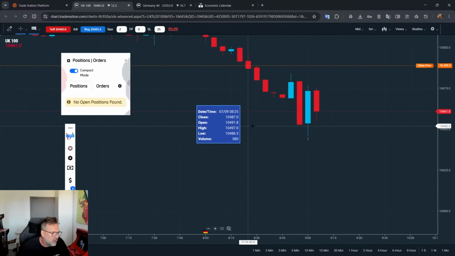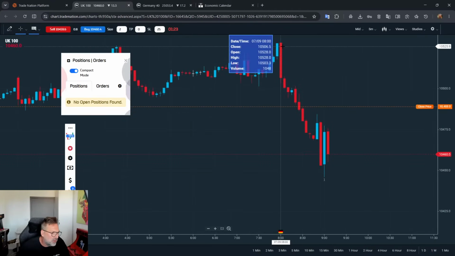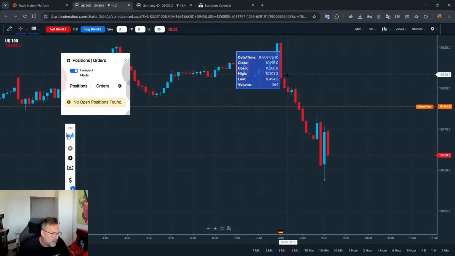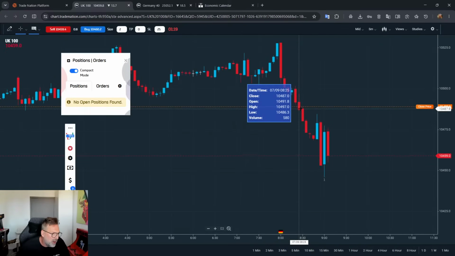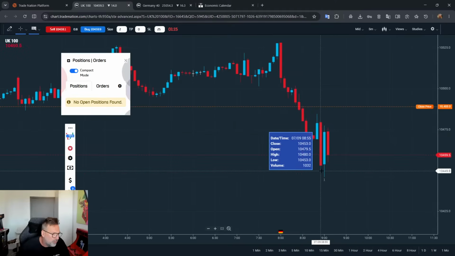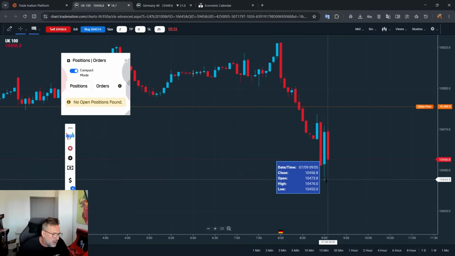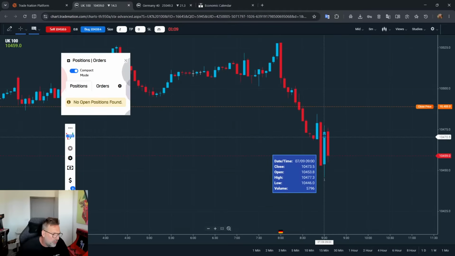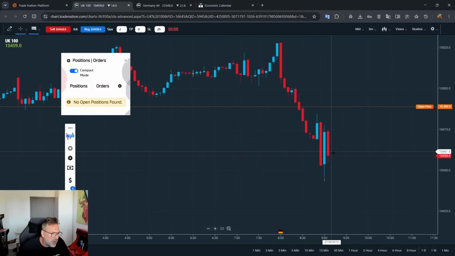The situation in the FTSE is, pre-market we came down. Now the first bar of the session was positive, but bears are making an effort to push the market back down.